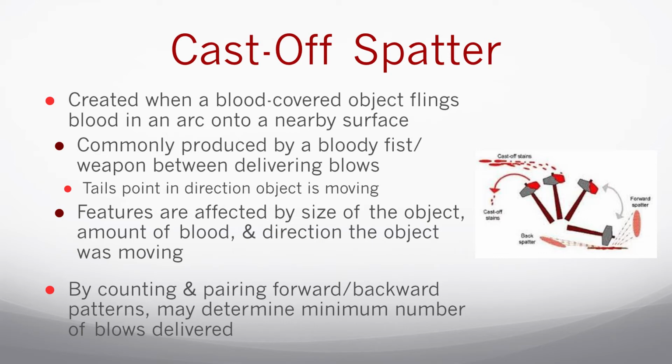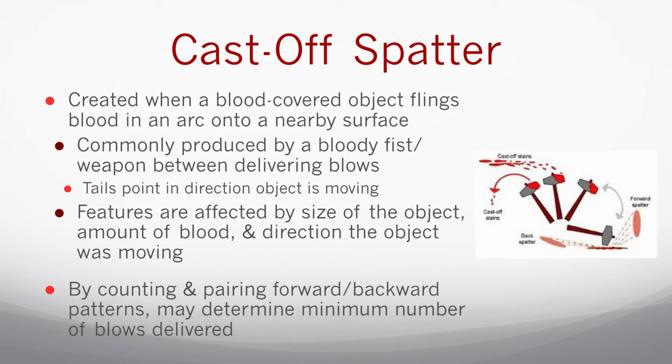The features are affected by the size of the object, the amount of blood being transferred, and the direction the object was moving. Width of the cast-off may suggest the kind of object that produced the pattern. The size of the droplets is directly related to the size of the point from which it was propelled.